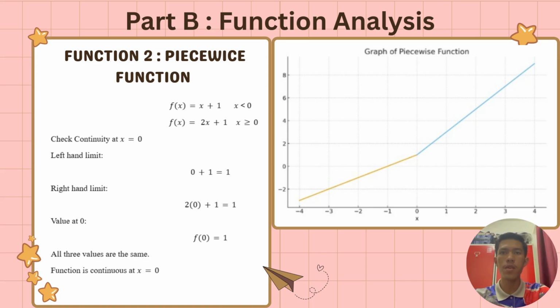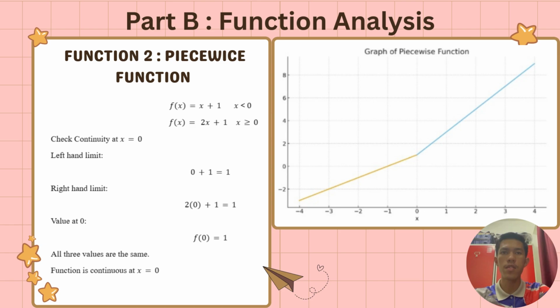For the left-hand limit, we use the rule for x less than 0, which is f(x) = x + 1. Plugging in 0 gives us 0 + 1 = 1. This is the value the orange line approaches as it gets close to x = 0. For the right-hand limit, we use the rule for x greater than or equal to 0, which is f(x) = 2x + 1.